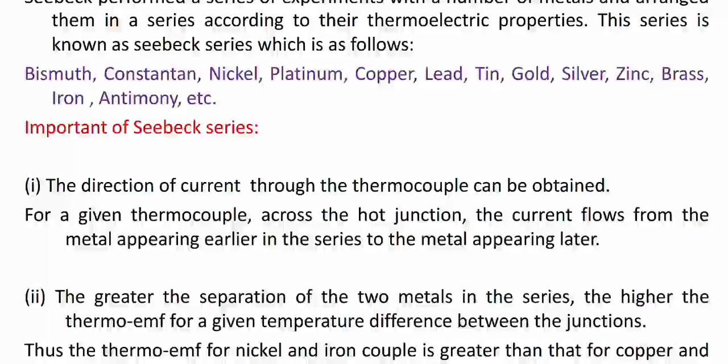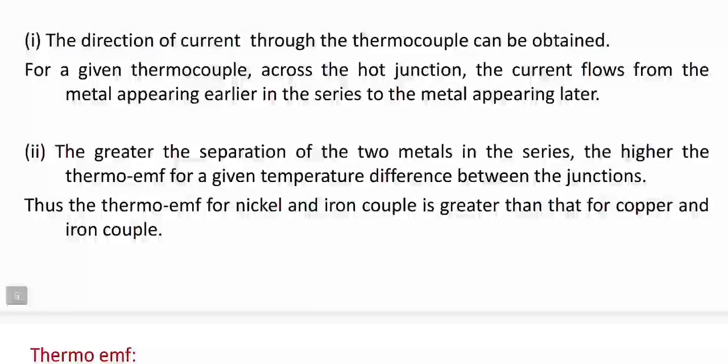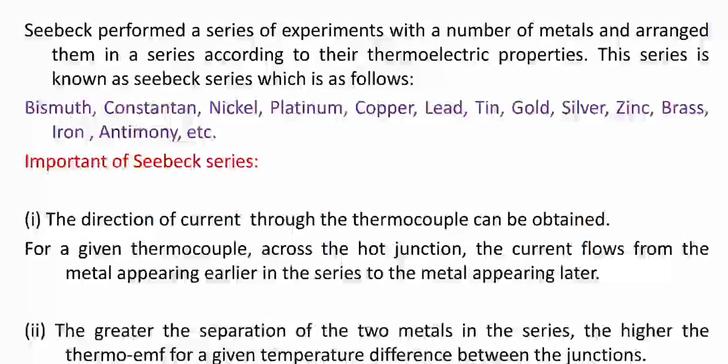Now second, the greater the separation of the two metals in a series, the higher the thermo EMF for a given temperature difference. That means if you make a thermocouple of bismuth and constantan, and another thermocouple of bismuth and iron, the separation is different.